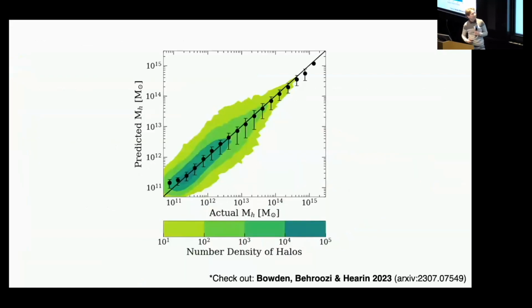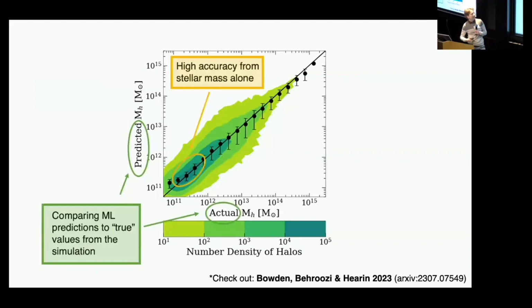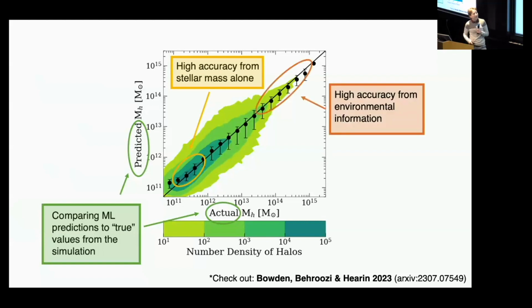So, for example, when we looked at halo mass in a paper that came out this past summer, we found that at the lower mass regime, of course, most of our information is coming from stellar mass, but that when we added in information about the distances to the first 5 nearest neighbors, we were able to get much higher accuracy at higher halo masses.